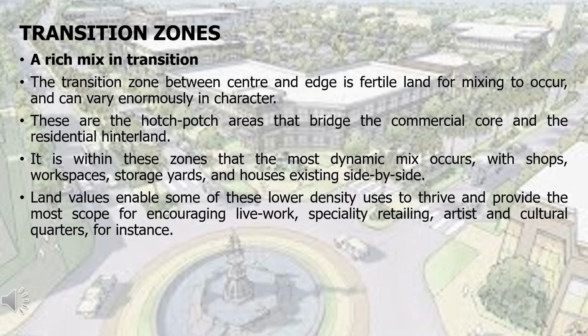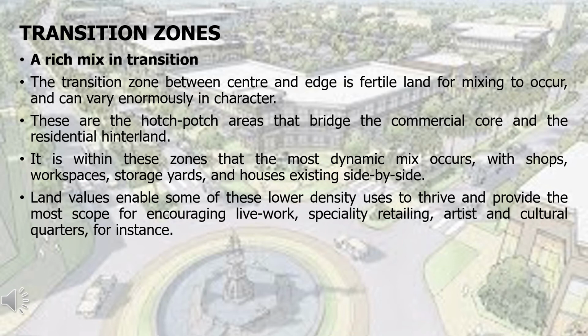Now, we've been talking about the center and the edge of the development, but there should be some kind of transition zone between the center and the edge. So this is essential. We need to foster a rich mix in the transition.